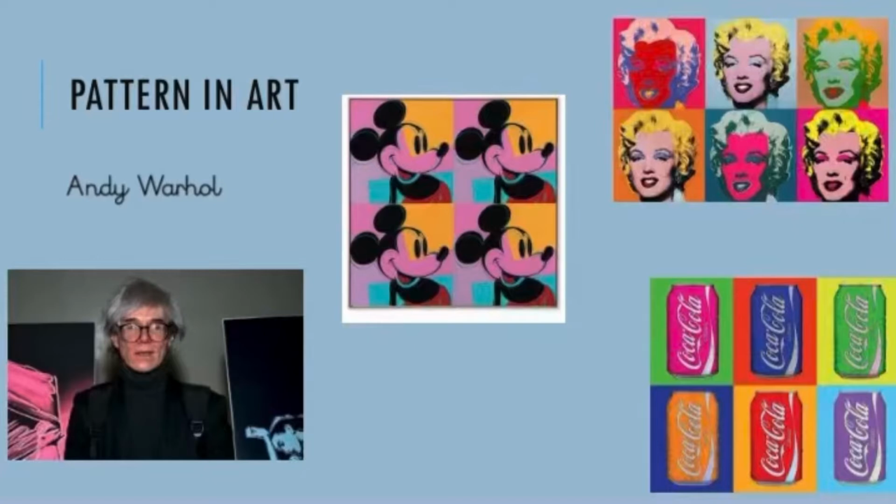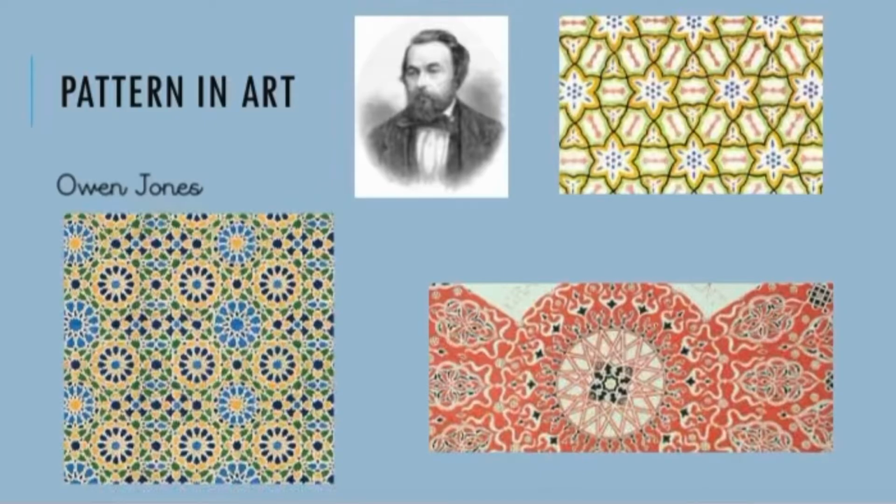Here you can see he's used lots of different bright colours and repeated objects in a pattern. Owen Jones was an English-born Welsh architect, and you can see here that he's used lots of different complex patterns in a mosaic style. So hopefully these images of some artwork by people who are famous for using pattern will help to inspire you this week on creating some of your own patterns.